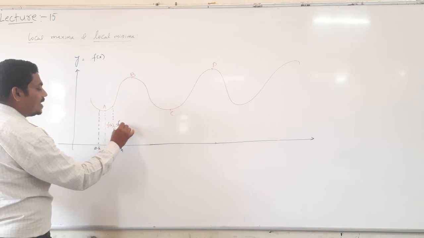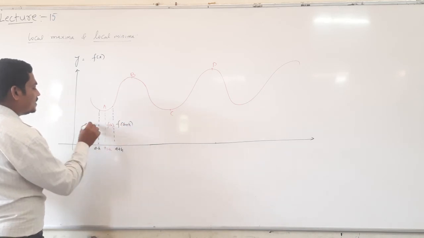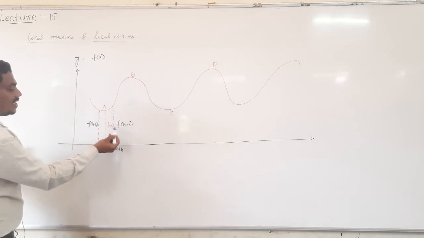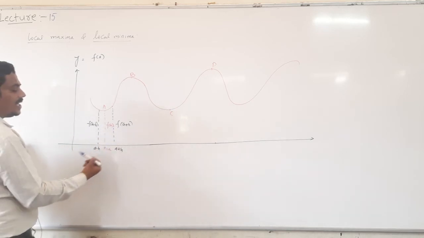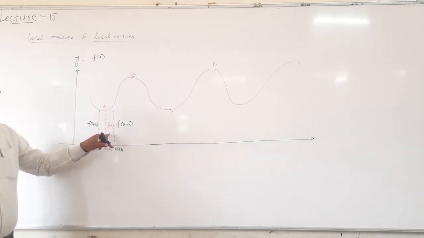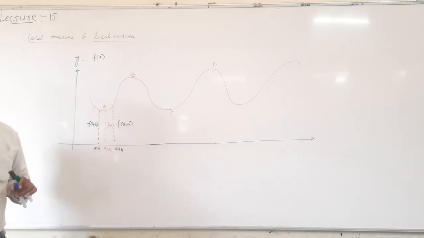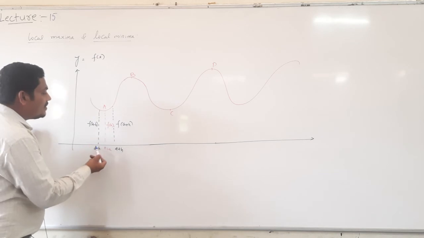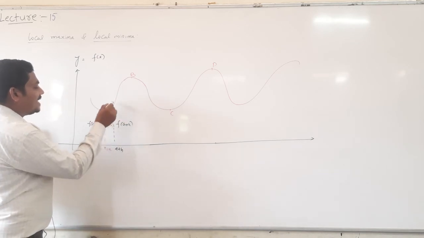This is f of a plus h, this is f of a minus h. When compared to the neighborhood of a, what is f of a? f of a is least, which means minimum. f of a is minimum when compared to this interval.